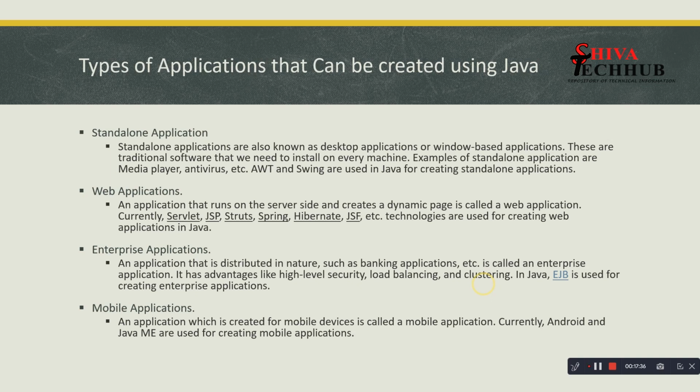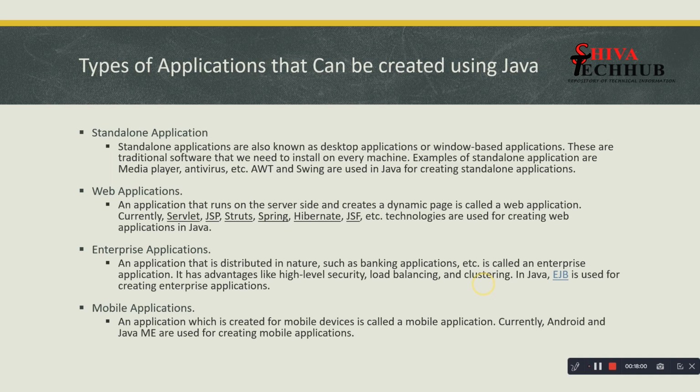Clustering is nothing but many applications being grouped into a common cluster. So whenever you want to interact with a particular application, we interact with that particular cluster, and then from that cluster, we interact with the system we want. Normally in Java, Enterprise JavaBeans is the most widely used technology for creating enterprise applications.